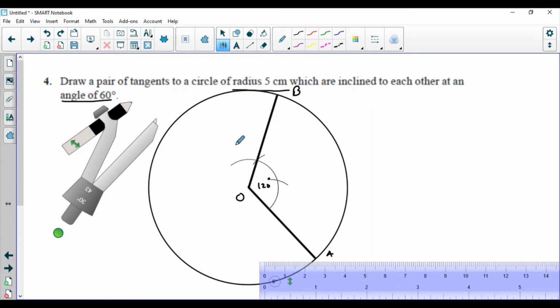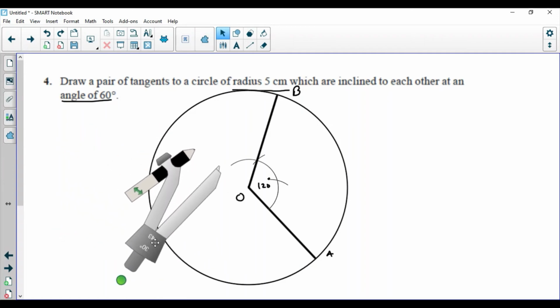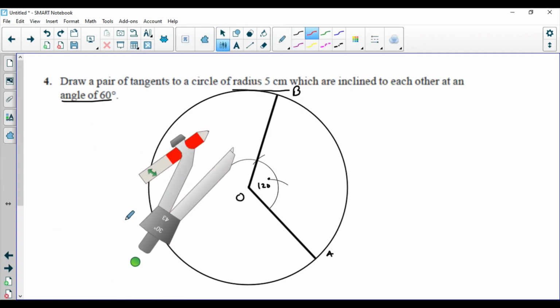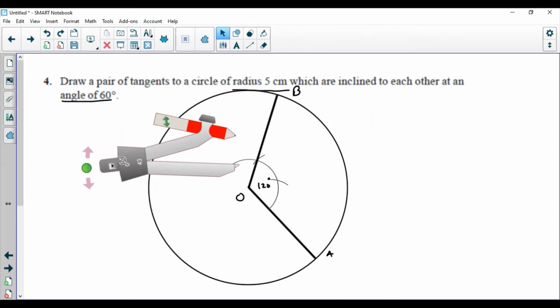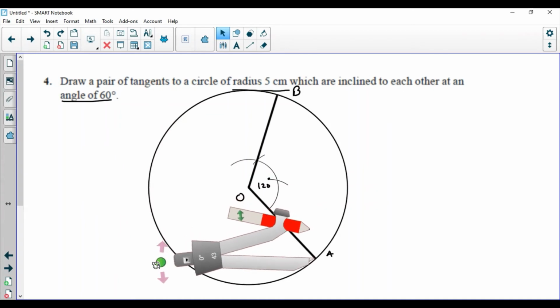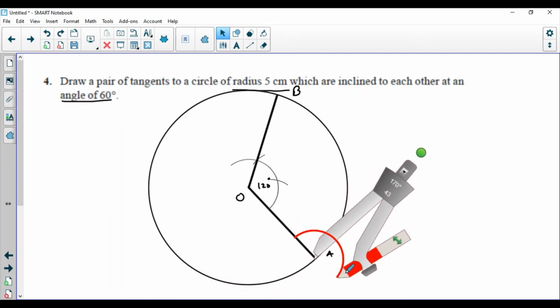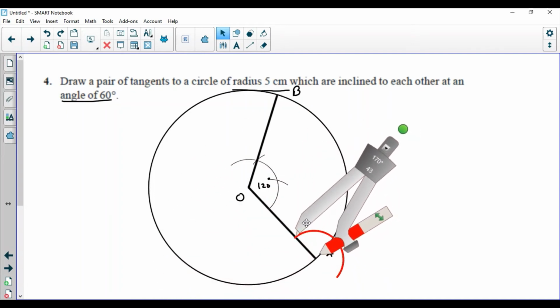Okay, now if PA and PB are tangents, so angle A and B should be right angle, isn't it? So what we will do, we will draw one right angle on both the points A and B. So again we have to take some radius. Okay, keeping the radius same.